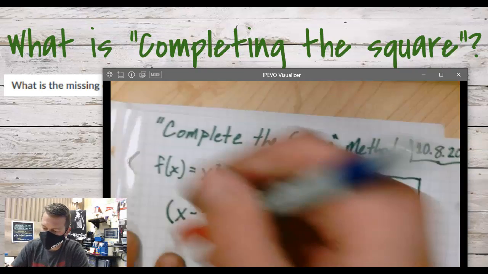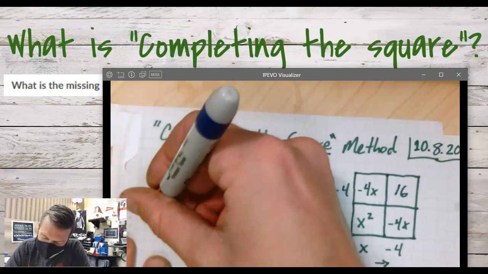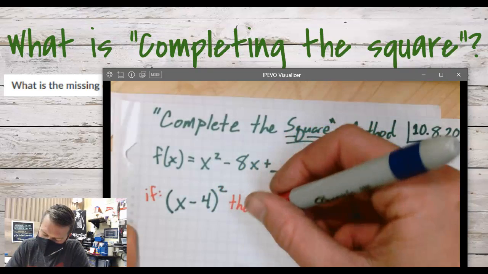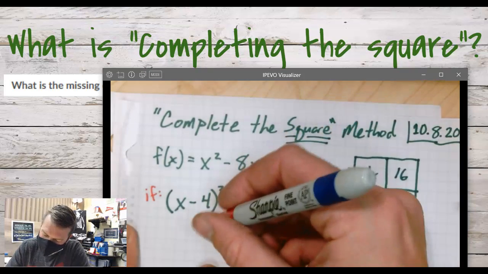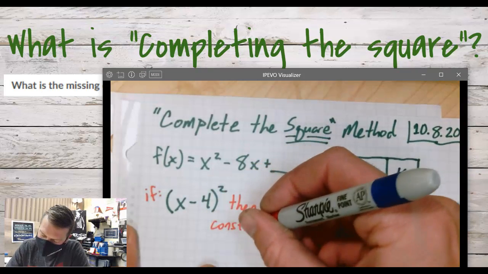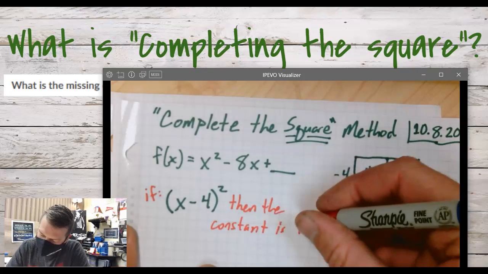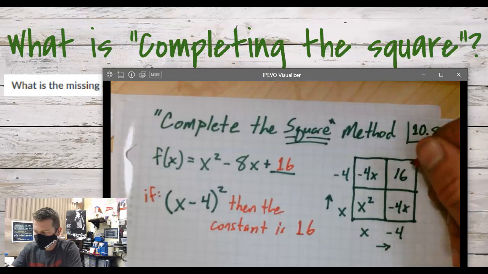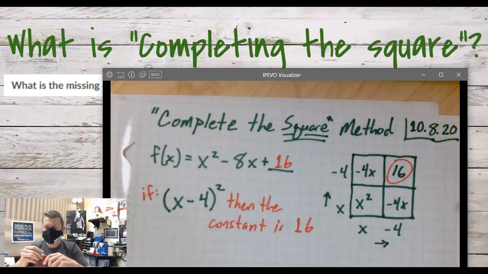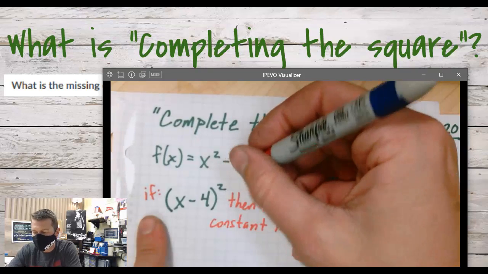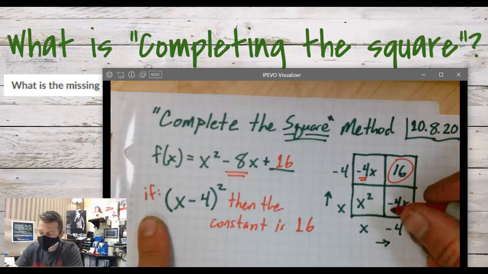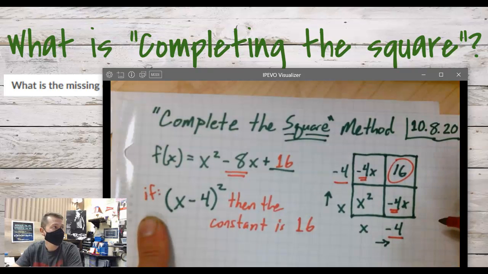I'm going to let you think for a moment while we write down: if we have x minus 4 squared, then the constant is 16. And that if is because if we want to break up our bx, over here we have half b and half b, leading to the minus 4 and the minus 4.